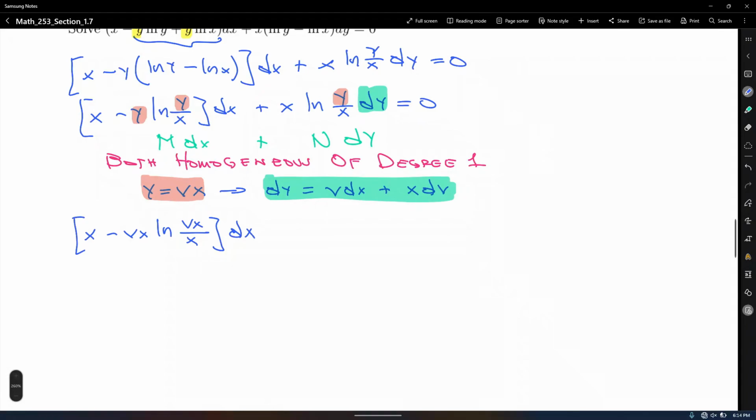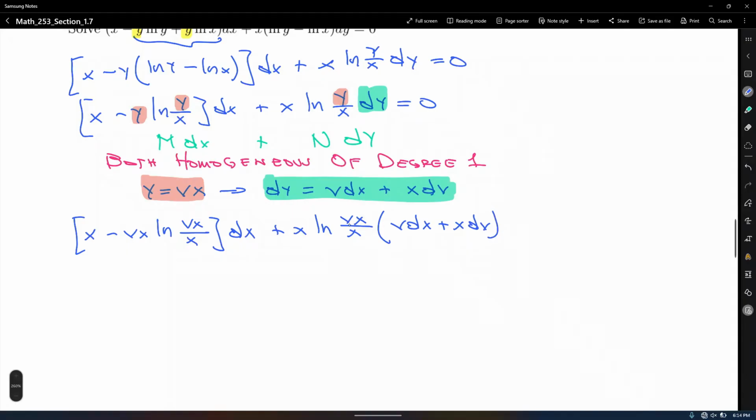What about the second term? Plus x, which is just x, ln of another y, which is vx over x. And here, multiply by v dx plus x dv. However, because this dy contains two terms, make sure to put parentheses around it.